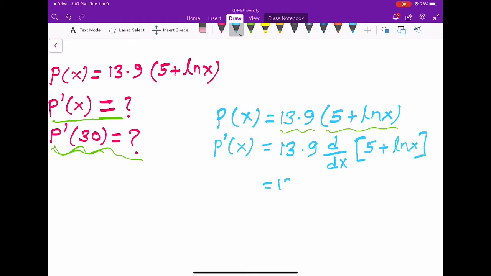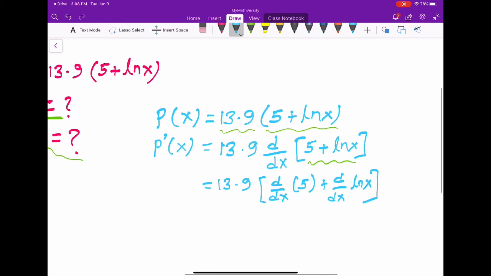How do you find the derivative of 5 plus ln x? We can first find the derivative of 5, also find the derivative of ln x, and then add them together.